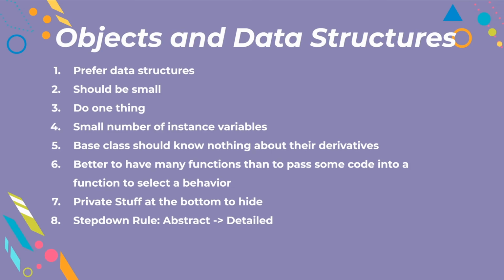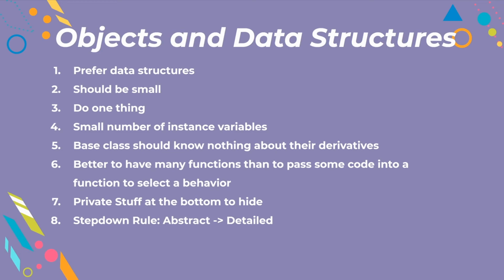You should have objects for certain parts of your code where it makes logical sense for certain variables to be grouped together. You should prefer data structures. That sounds fancy, but an example could just be using an array where it makes sense as opposed to having separate variables.